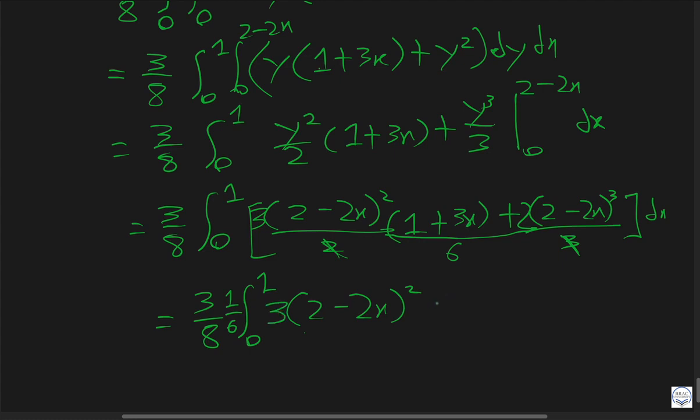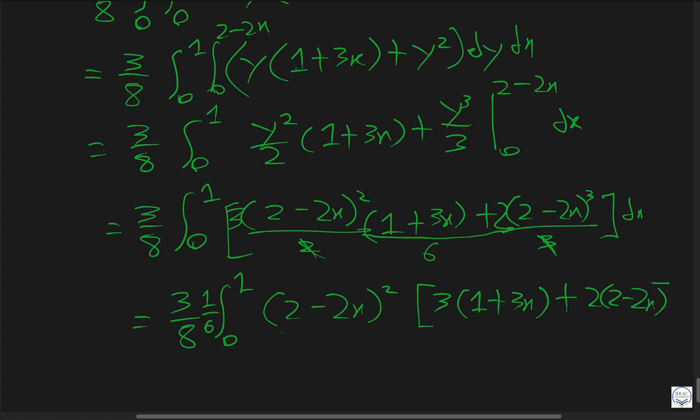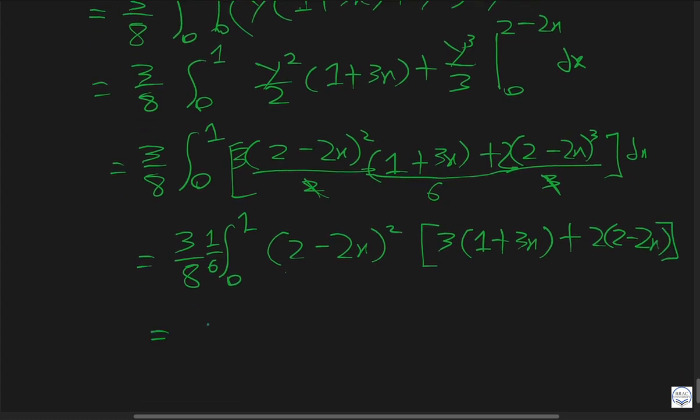So we got 3 times 1 plus 3x plus 2 times 2 minus 2x. 3 into 2 is 6, so we got 2 into 8 is 16.